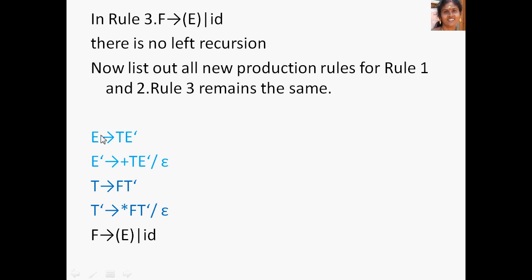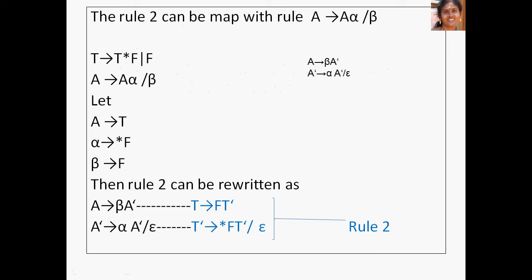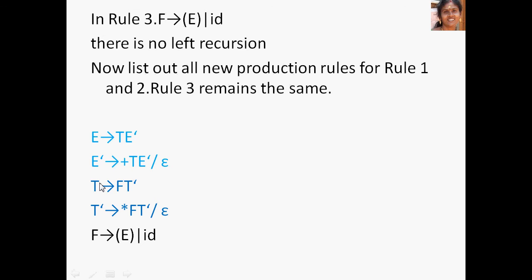And the second rule is T and then T dash, so you write T and then T dash. And for rule 3 there is no change, so I write it as it is.